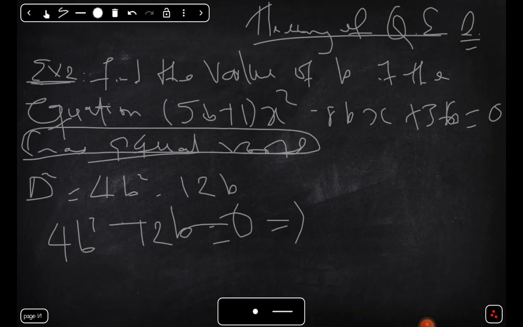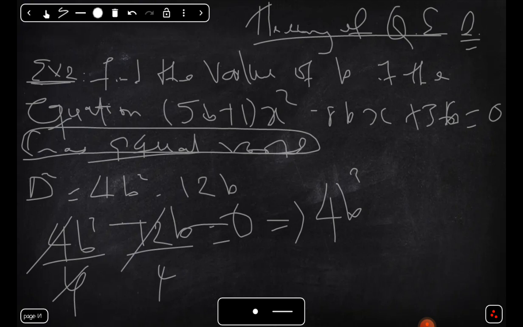If we divide both sides by 4, the 4 cancels here, and 12 divided by 4 is 3, so that at this point we have b squared minus 3b equal to 0.